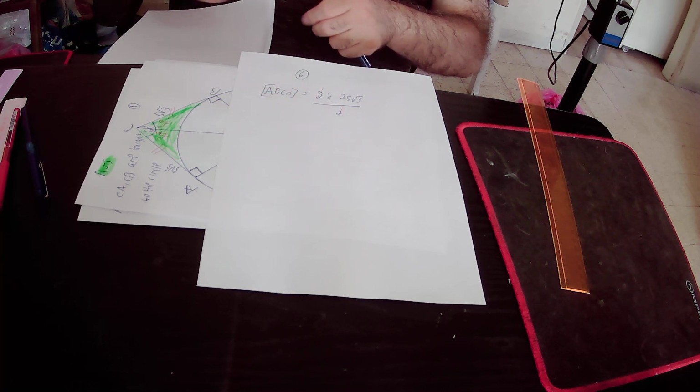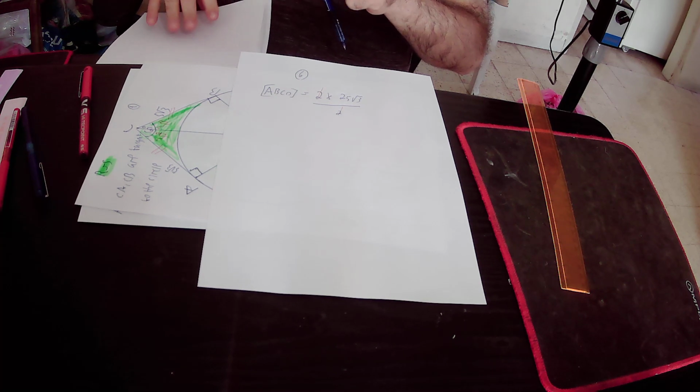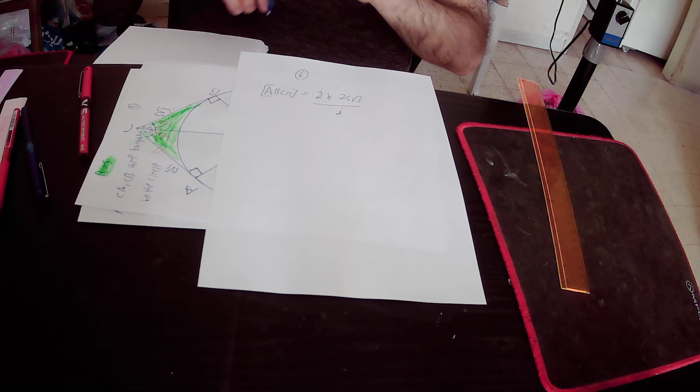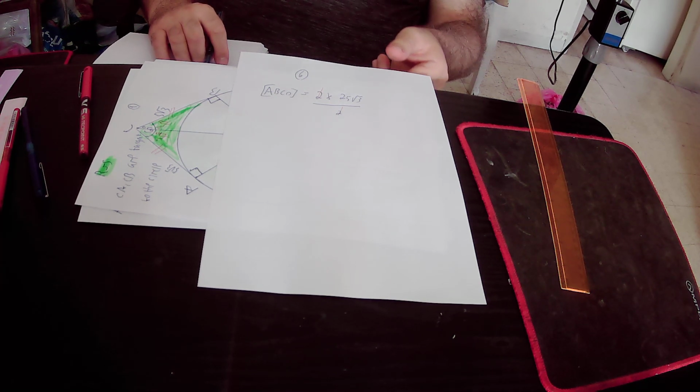So we got that the area of quadrilateral ABCO equals 25 times root 3.